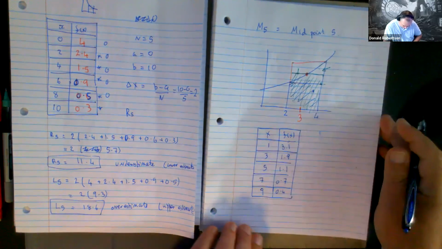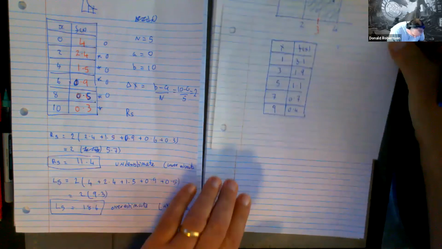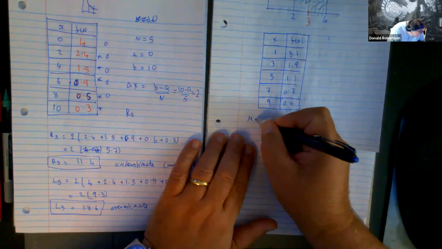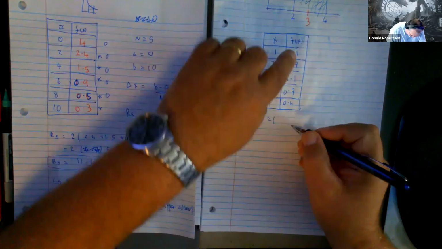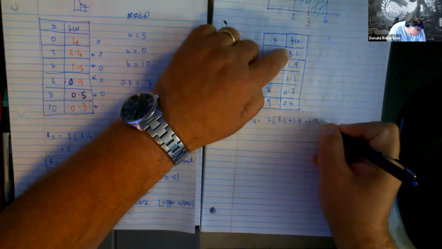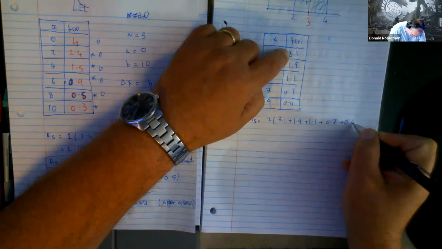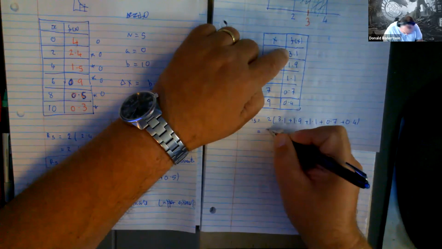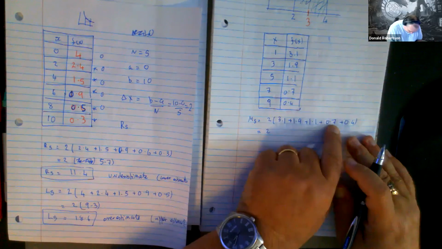And if you want to find midpoint 5, it's going to be 2 times that guy plus that guy plus that guy plus this one, and finally finish with that one. 3.15, 6.1, 6.8, 7.2.